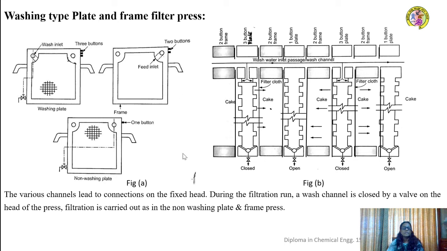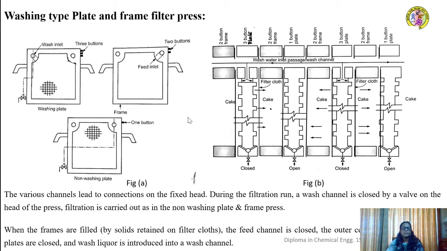Okay, so let us now understand its working. So the different channels, the slurry channel and the wash inlet channel, will be connected to separate heads, one containing slurry, other one containing wash liquid. So first the filtration cycle is carried out by admitting the slurry through the feed slurry channel, and once the filtration is over, that is when it comes to a stage that the entire chamber between each plate is filled with the filter cake.